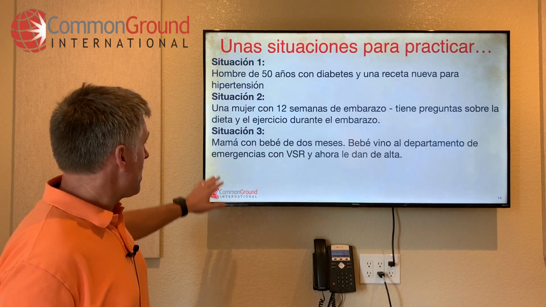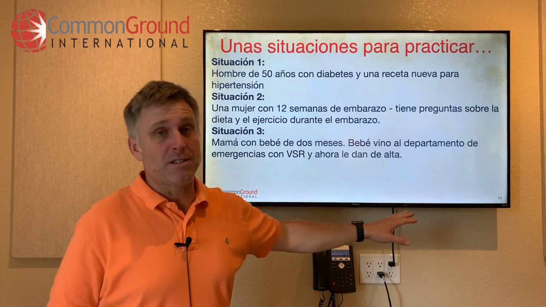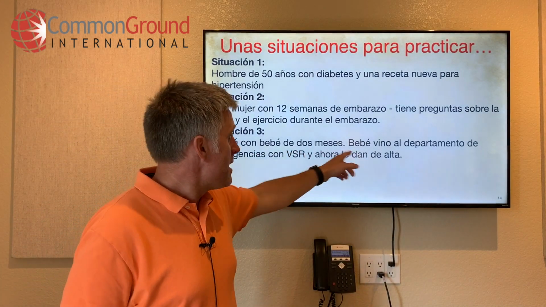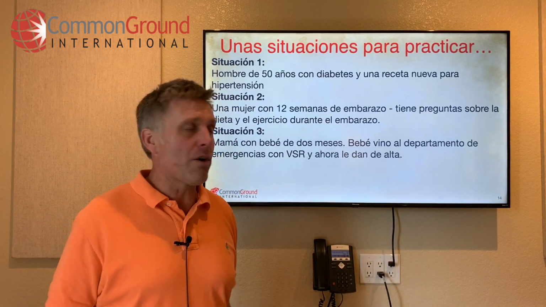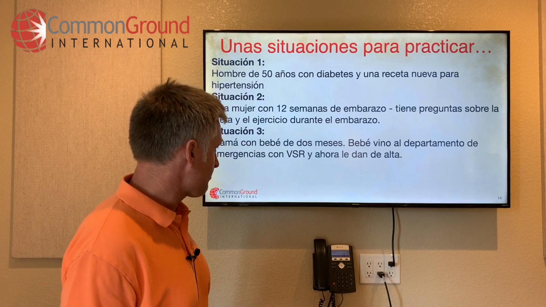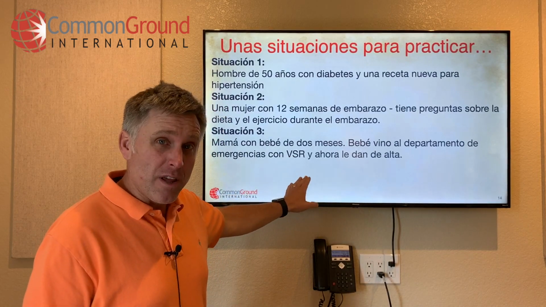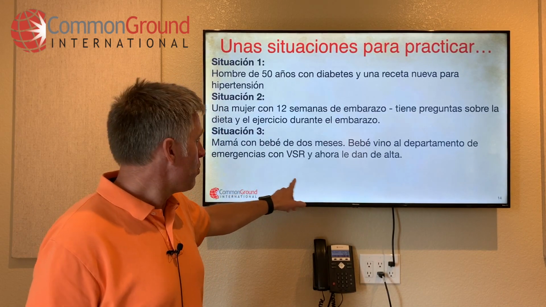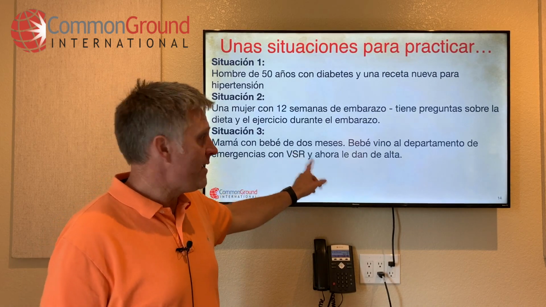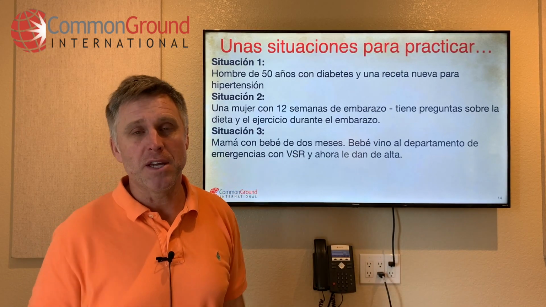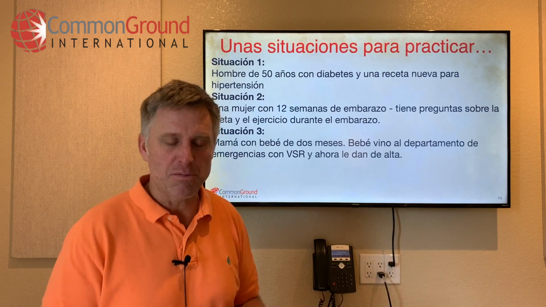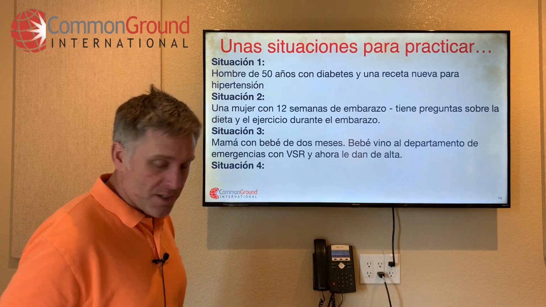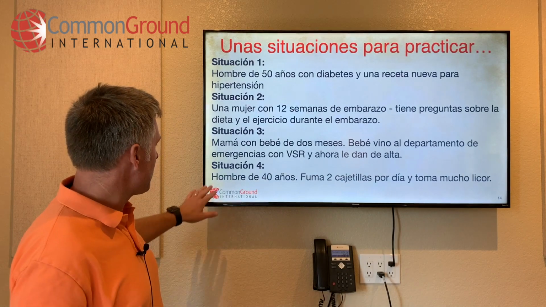Situación 3. Mamá con bebé de 2 meses. Mom with a 2-month-old baby. Bebé vino al departamento de emergencias con VSR y ahora le dan de alta. So, baby came to the ER with RSV, and now you're discharging mom and baby. And so what are some recommendations, warning signs possibly that you have for mamá? Situación 4, la última situación.